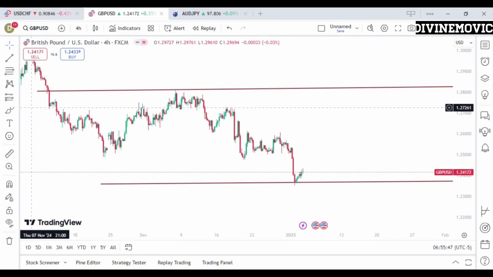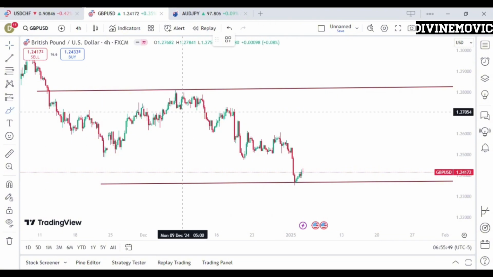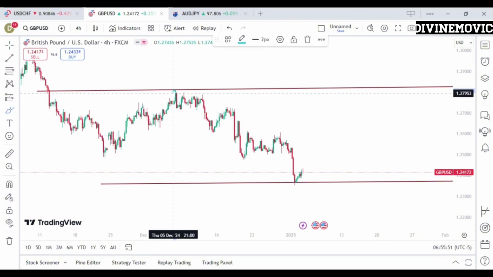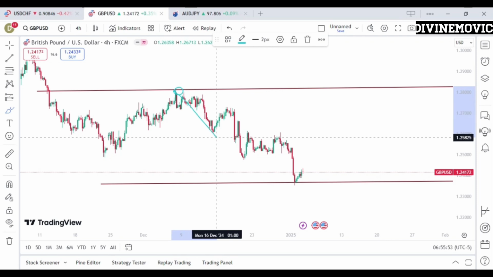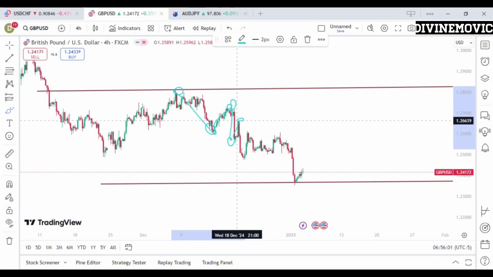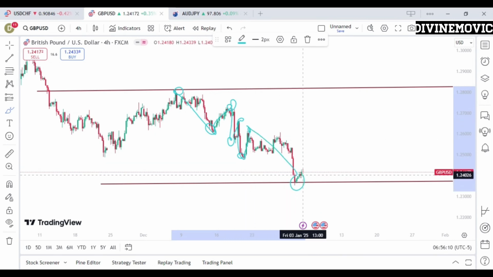And if you look closely, you see that price simply gave us a high, a low, a high, a low, a high, and this low here gave us this high, and this high gave us this particular low here, meaning price is giving us lower lows and lower highs.